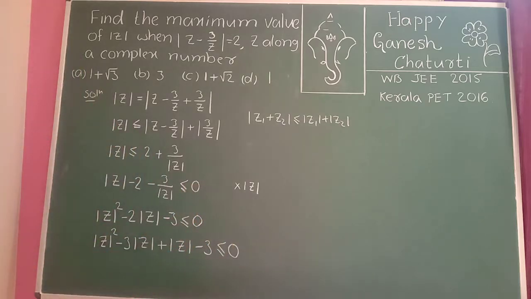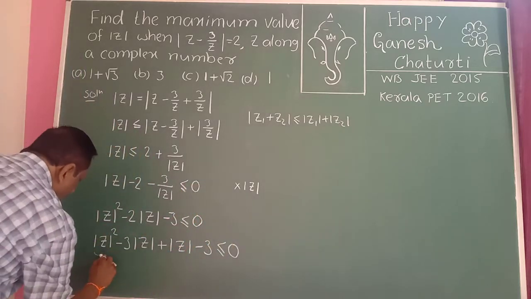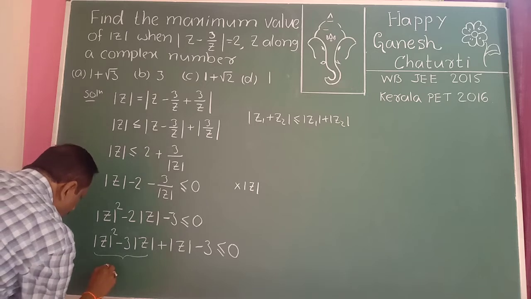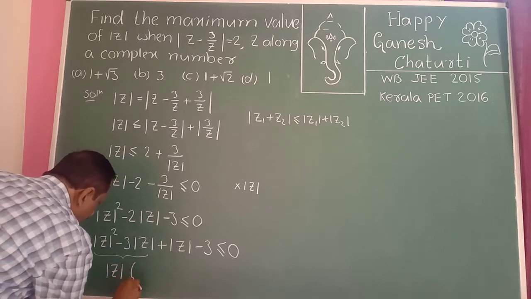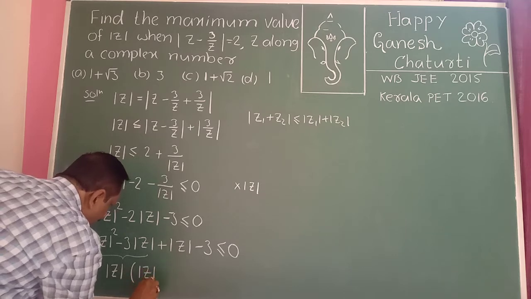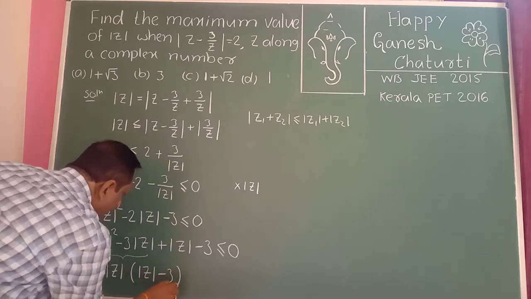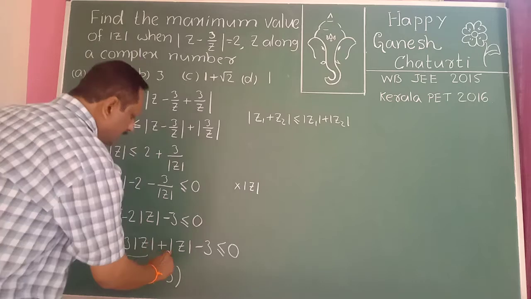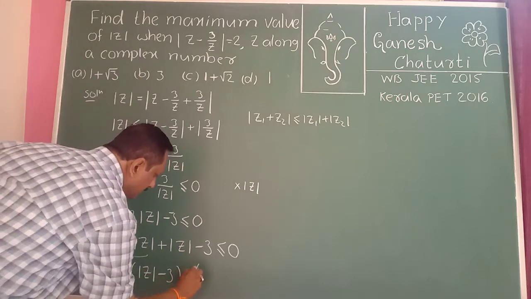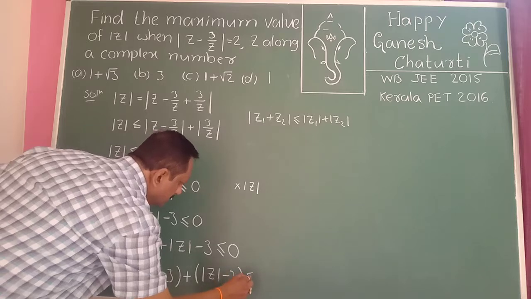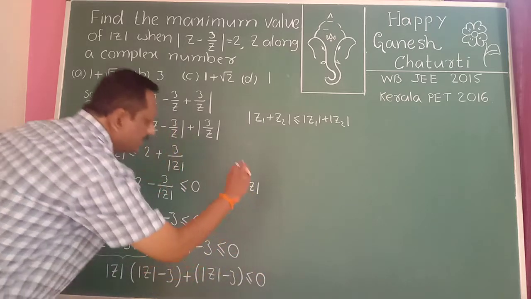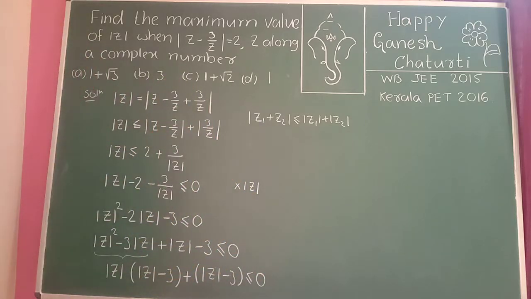Then from these two terms modulus of z is the common factor, so in the bracket you write modulus of z minus 3. Then 1 is the common factor, so in the bracket you write modulus of z minus 3 is less than or equal to 0.